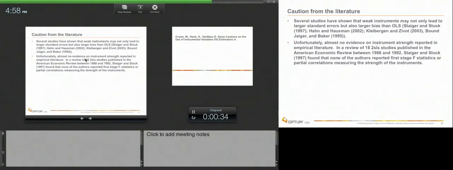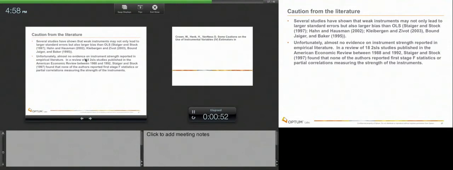So there was a literature that showed that weak instruments can not only lead to large standard errors, but also bias. There's quite a large literature in this area, mainly in labor economics.